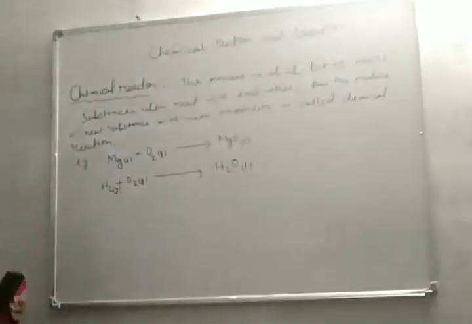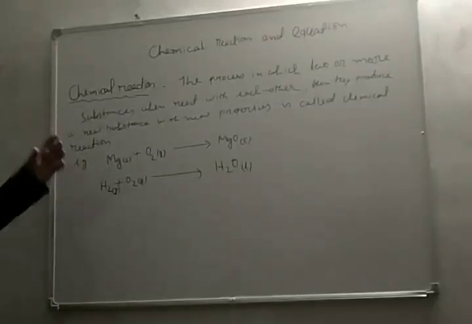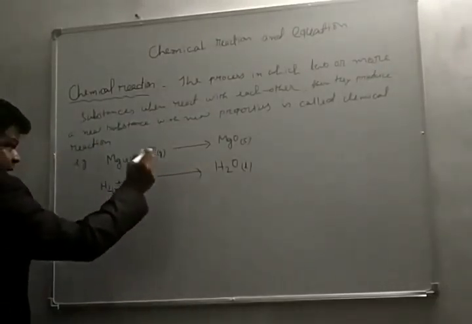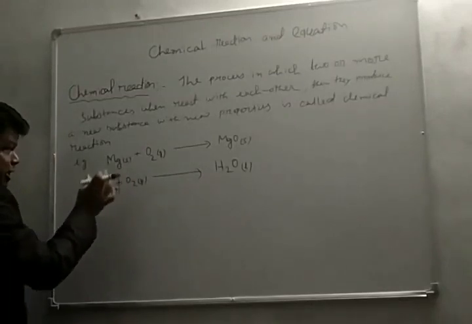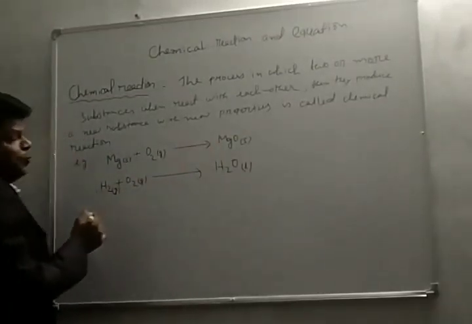In a chemical reaction, there are two parts. When I write all the reactions, then you can definitely understand. In a chemical reaction, between reactant and product, there is an arrow.